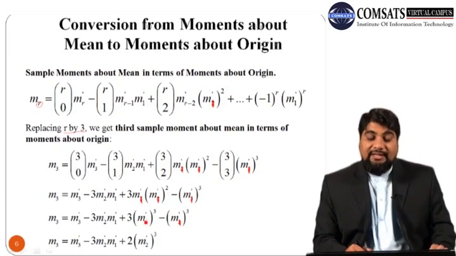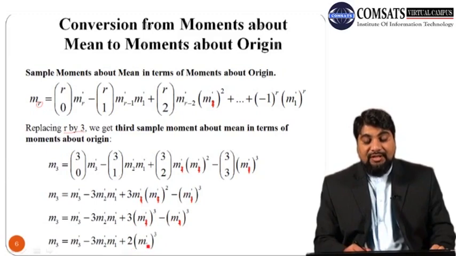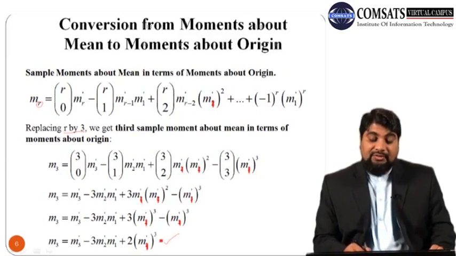Now look at the third and fourth terms. Both terms are the same and their coefficients are plus 3 and minus 1. So we can combine these two terms. So plus 3 minus 1, we get plus 2 times m1' whole cube. So this is the formula.